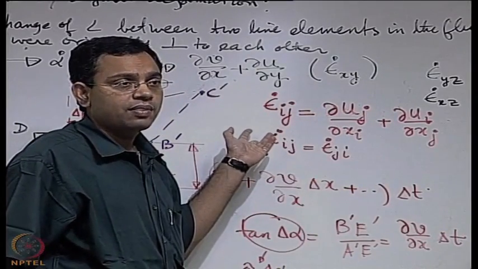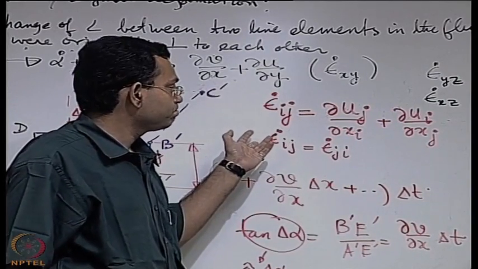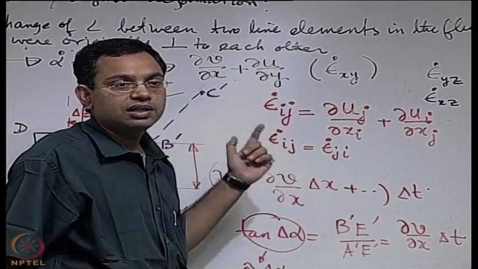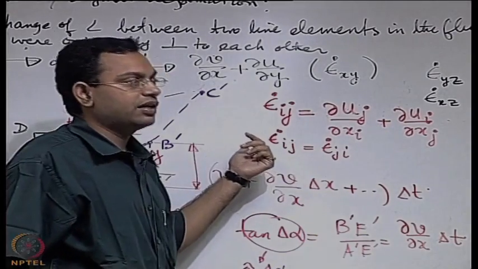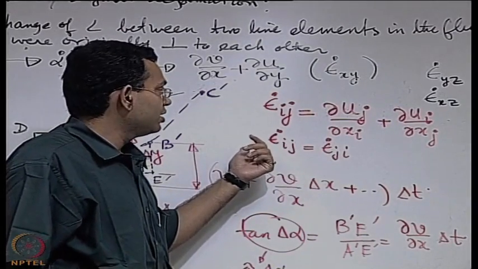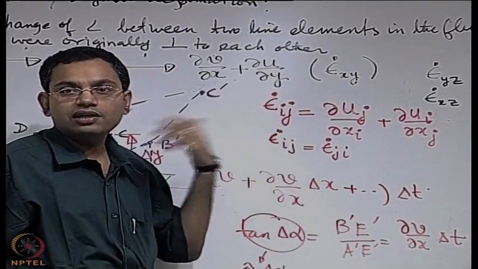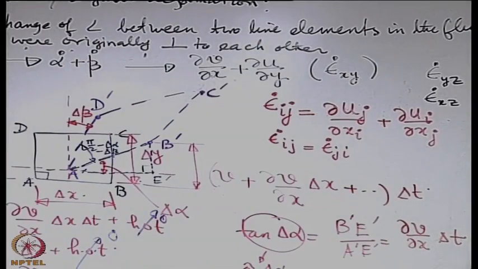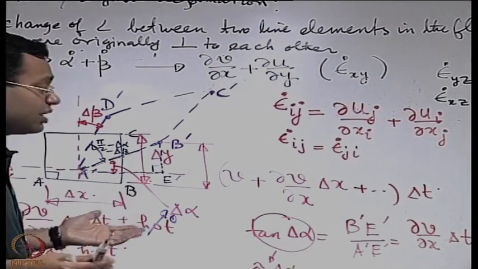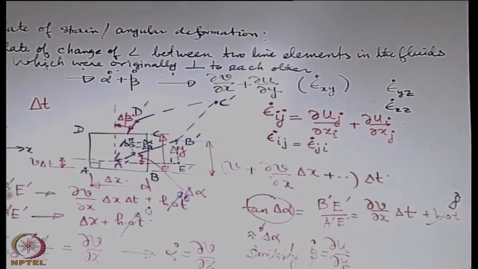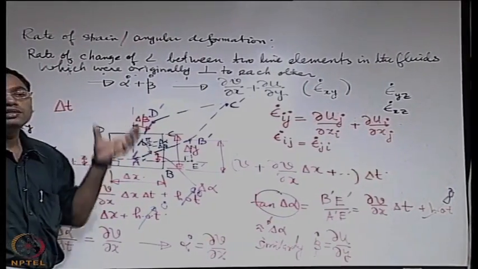Not only that, what is the other thing that you get from this? See, this is also a second order tensor, because it may be shown that it maps a vector onto a vector, and not only that, it requires two indices for its specification in the Cartesian notation. So we have seen the rate of angular deformation, but one important thing is we have seen examples earlier that there are cases when the fluid element is not having angular deformation as such like this, but it may be rotating like a rigid body.